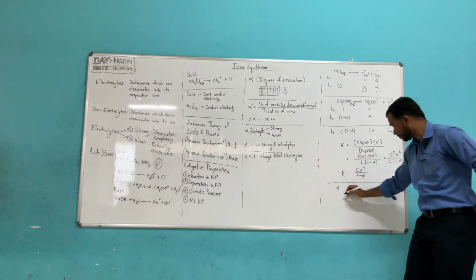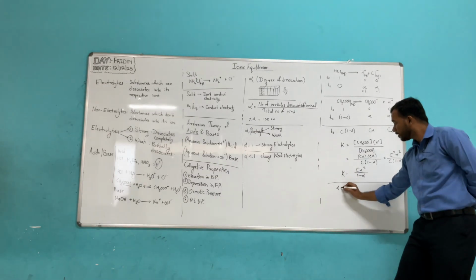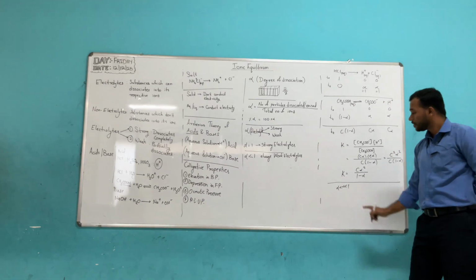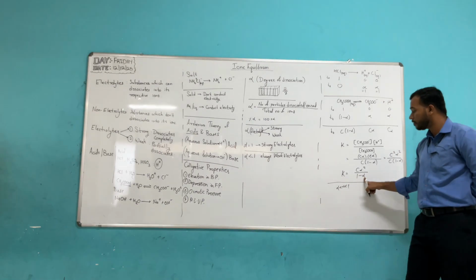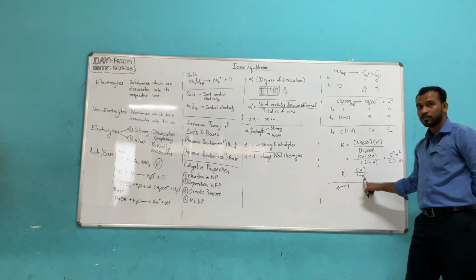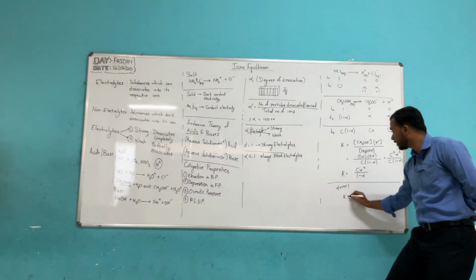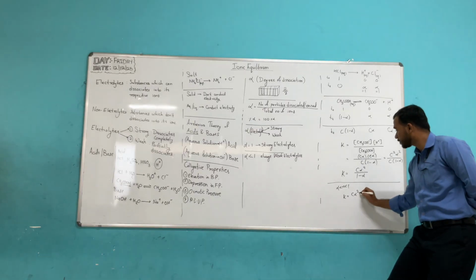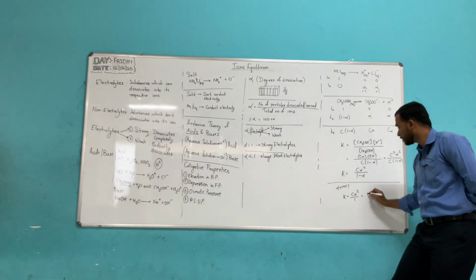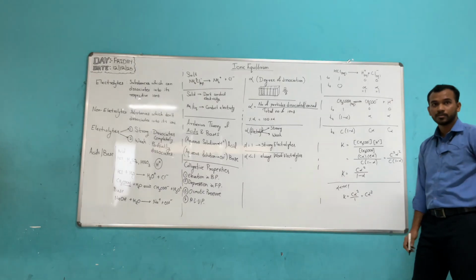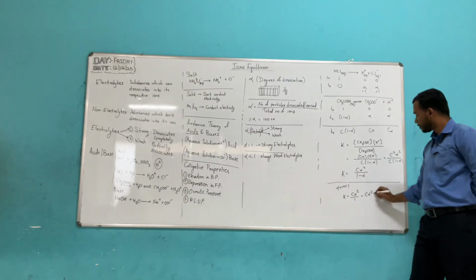So alpha is much lesser than 1 in this condition, and 1 minus alpha becomes approximately 1 only. So K will become C alpha square upon 1, that is K equals C alpha square. Understood? Thank you.